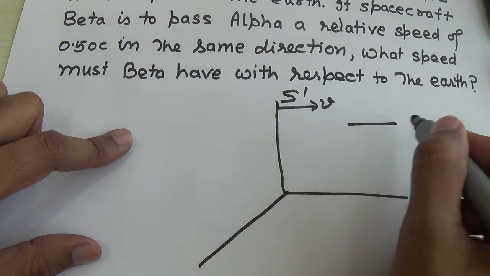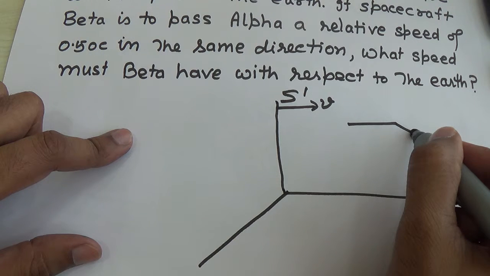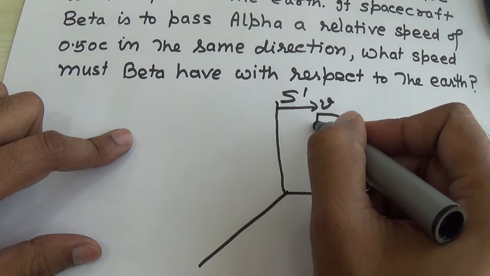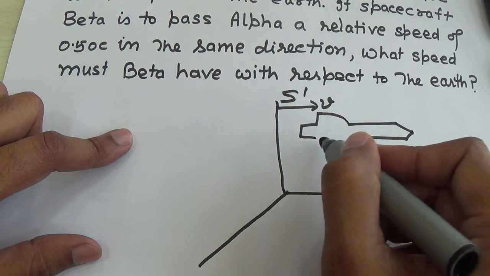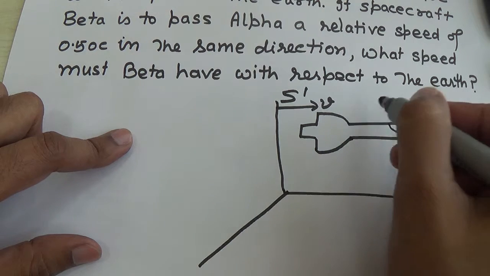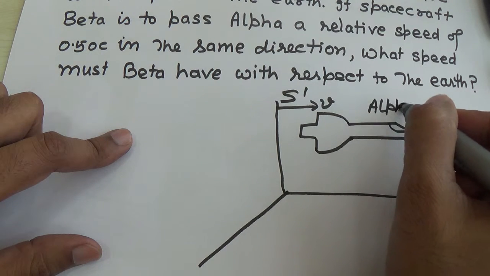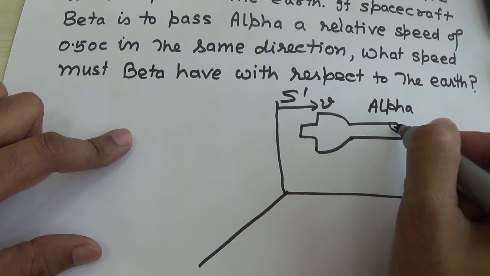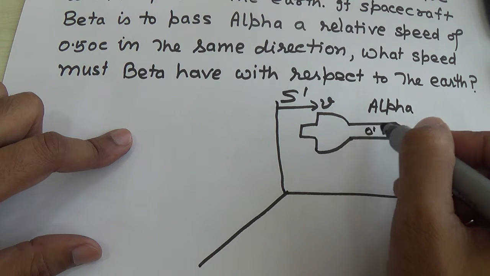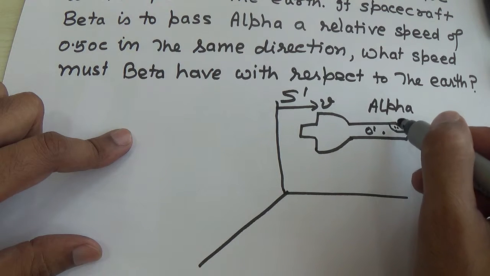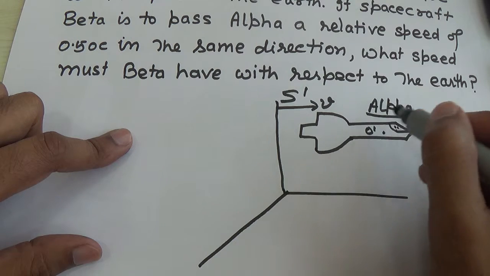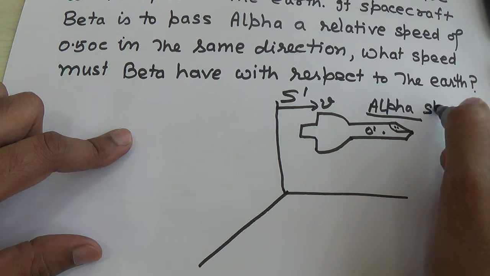Suppose this one is spacecraft alpha, and here is the observer O prime, the pilot of spacecraft alpha, and spacecraft alpha is treated as S prime.